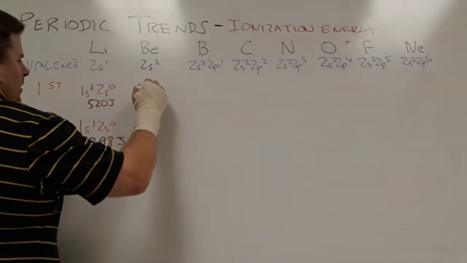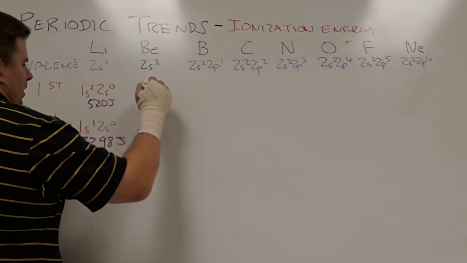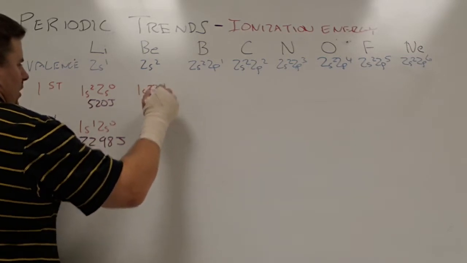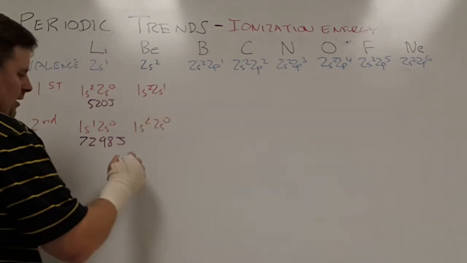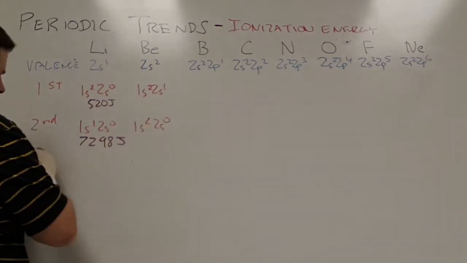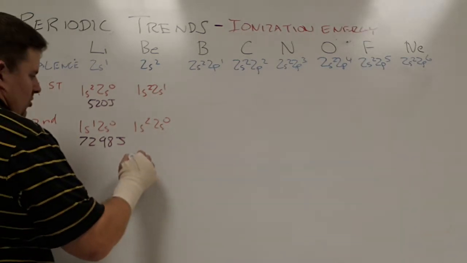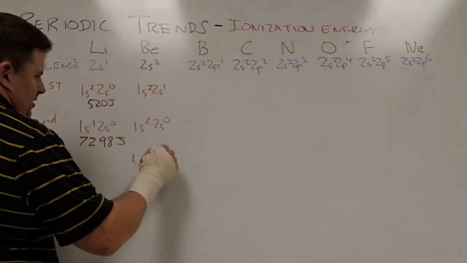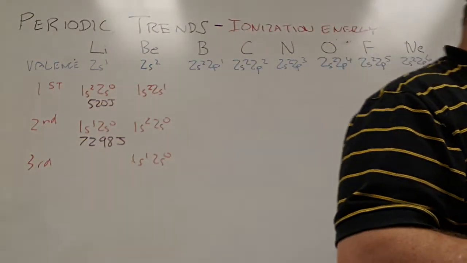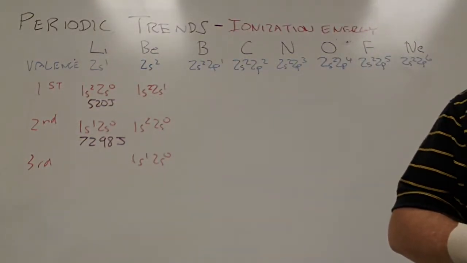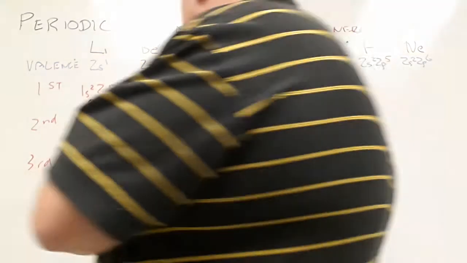So I go to 1s2, 2s1 here, and down here 1s2, 2s0. I'll show you what the third ionization energy is. That's 1s1, 2s0. Okay. I'll give you the first energy, and I want you to try to guess what the energy is going to be here for the next one.